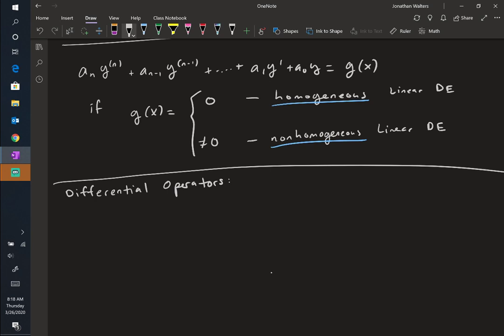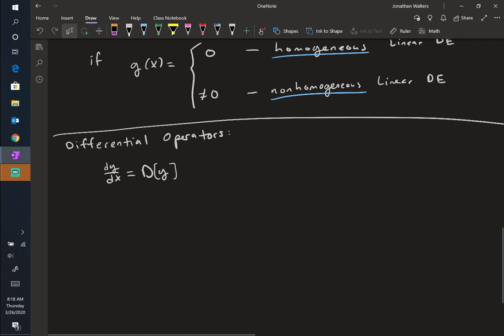Our notation is that dy dx could be written as a differential operator acting on y. Capital D just means take the derivative of y with respect to its independent variable. Then the second derivative, d squared y dx squared, we could write as capital D squared of y.